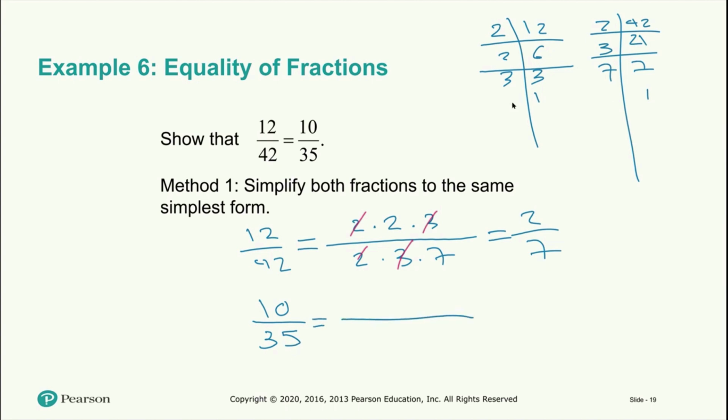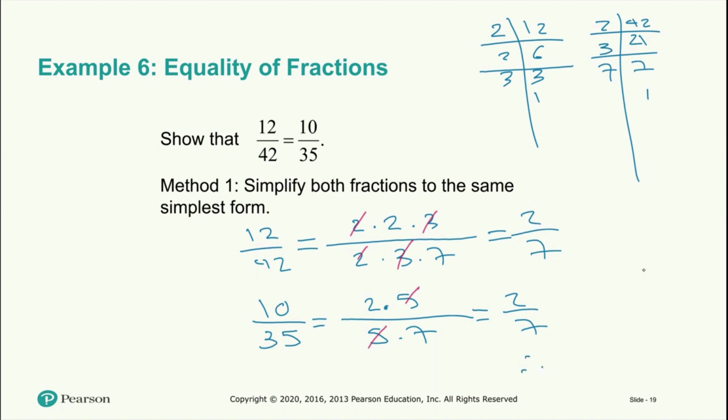I'm going to skip this business because you know 10 is just 2 times 5. You can, of course, do this if you need it for yourself. And 35 is 5 times 7, right? So I can go ahead and cancel out the 5's, and we get what? 2 7ths.